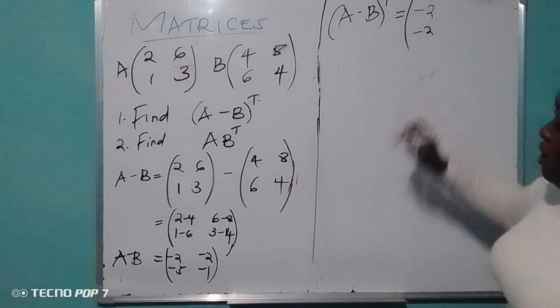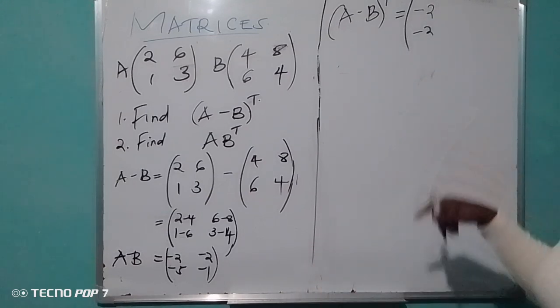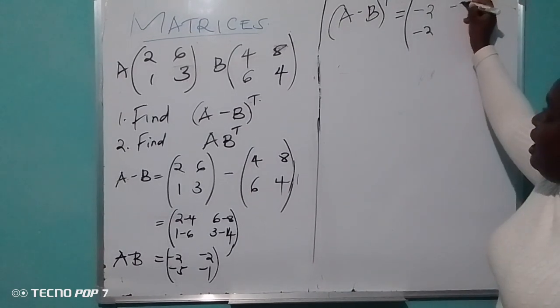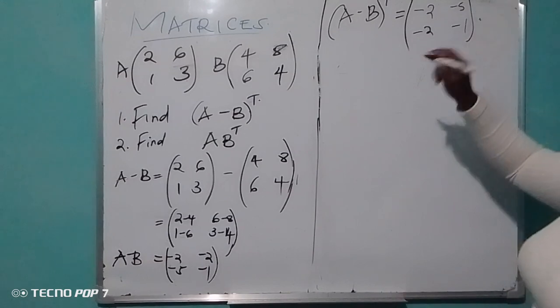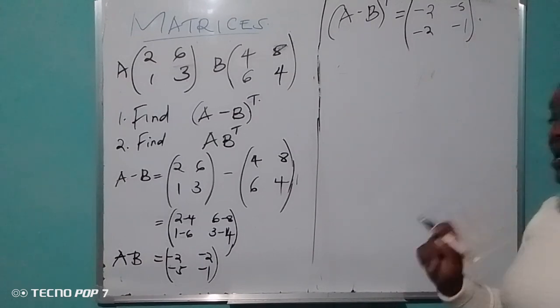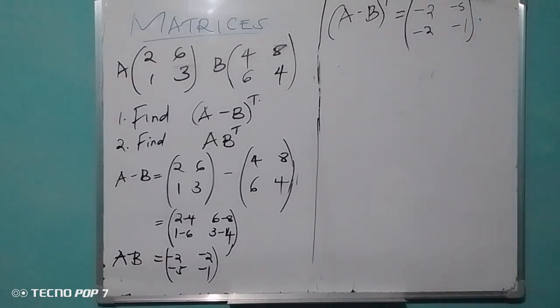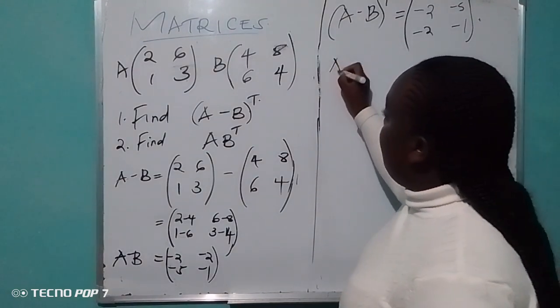The second row becomes the second column, minus 5, minus 1. So that is A minus B transpose. The first row becomes the first column, the second row becomes the second column.